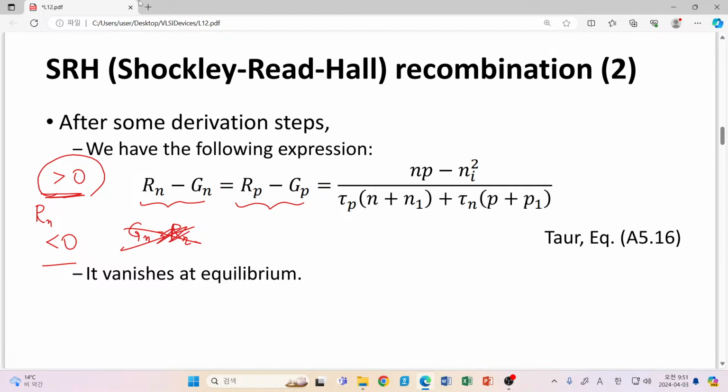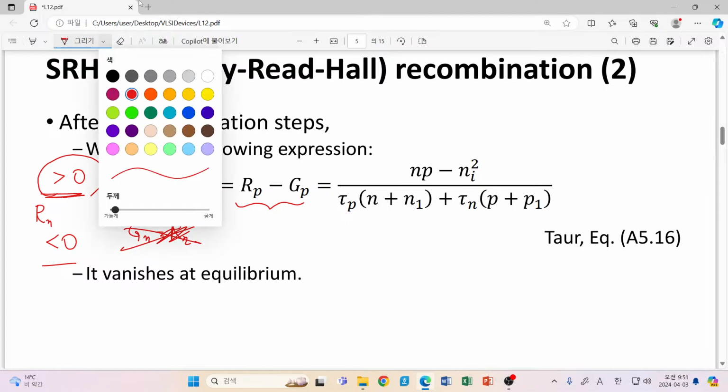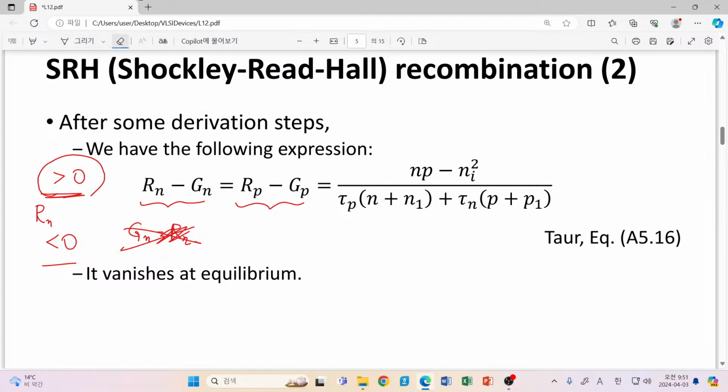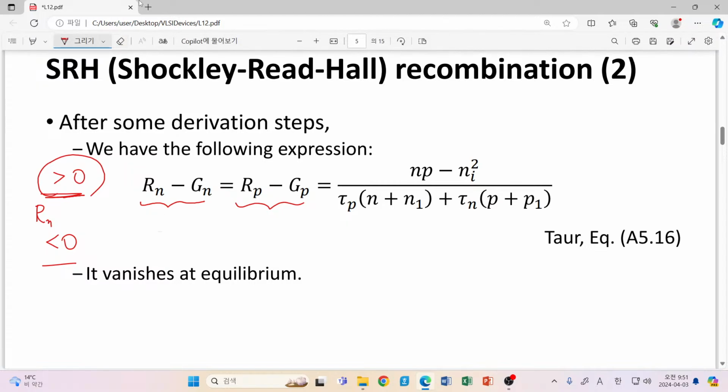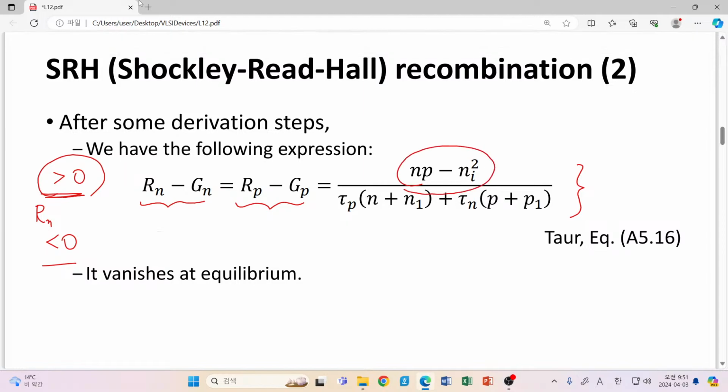Please have a look at the final form shown in A5.16. As you can see, it looks quite complicated, but the most important thing is that you have terms like this: NP minus Ni square.